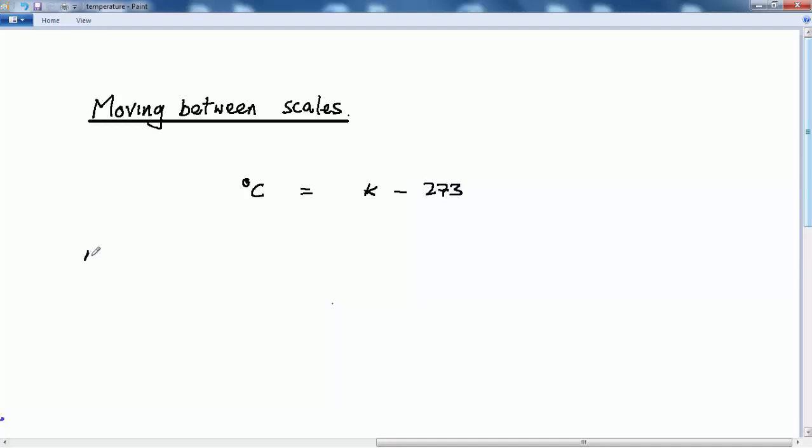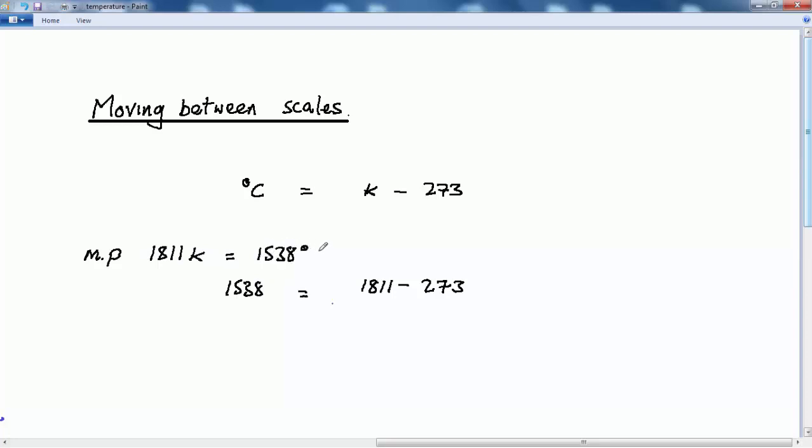So if we're told that the melting point of iron is 1811 Kelvin, and you want to find out what that is in degrees Celsius, then it'll be 1811 minus 273, which will give you 1538.